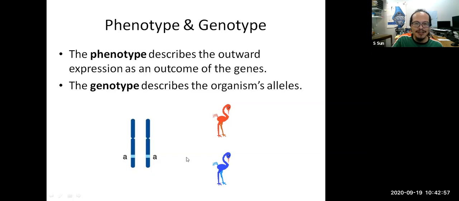So here is the genotype and the phenotype. The observation is the phenotype. The allele components in that body are called the genotype. So let's see how genotype defines the phenotype.